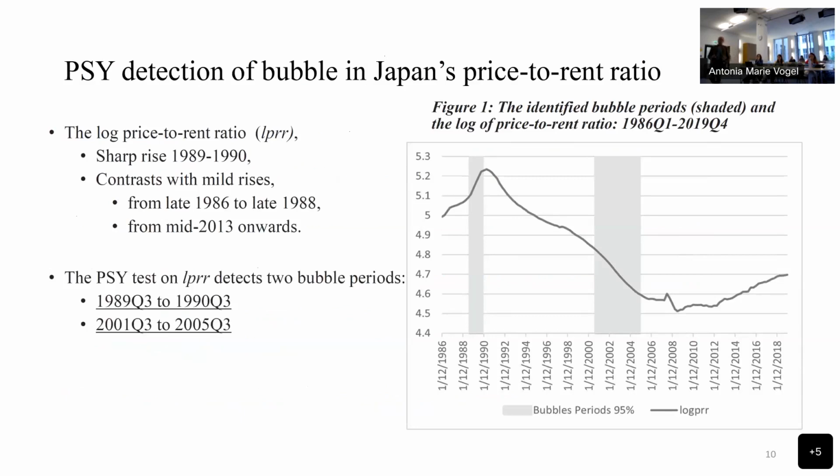And we see clearly that, of course, there is a very well-known late 1980s bubble, then the very long collapse. And the shaded areas are the bubbles detected on the log of the price to rent ratio.